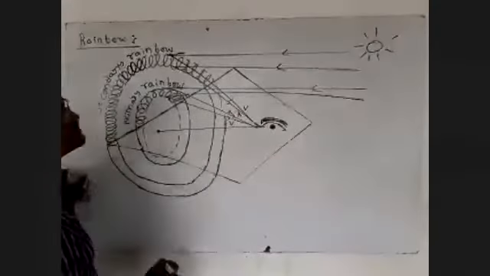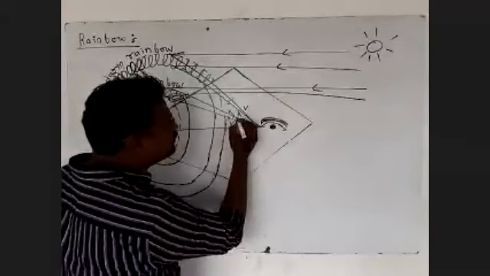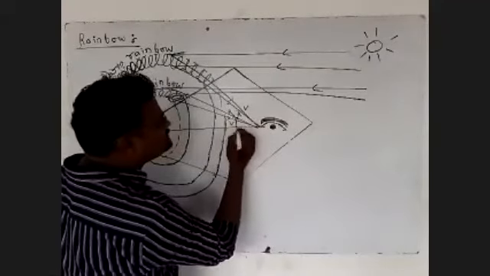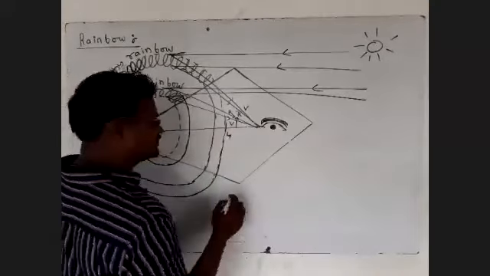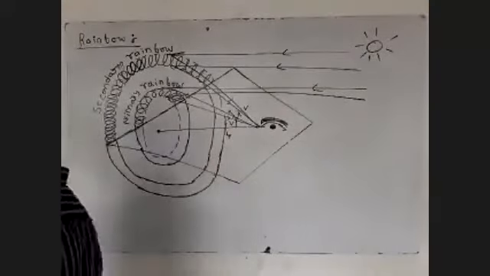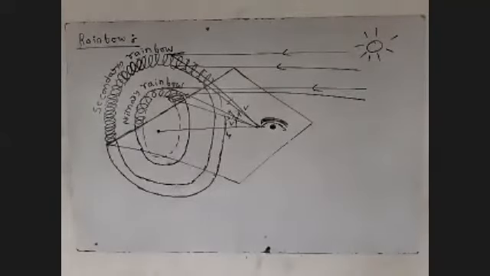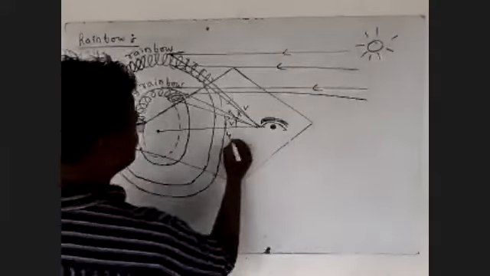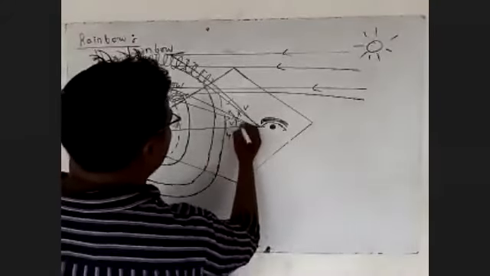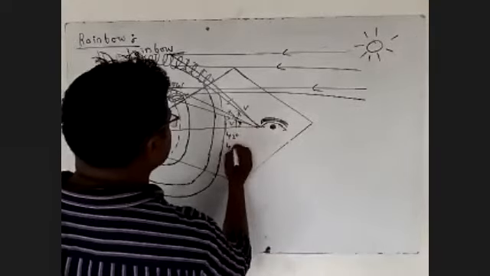Here it goes from violet to red. What is the value of this? Around 40 to 45 degrees. For red we are checking 42 degrees, and for violet 40 degrees.